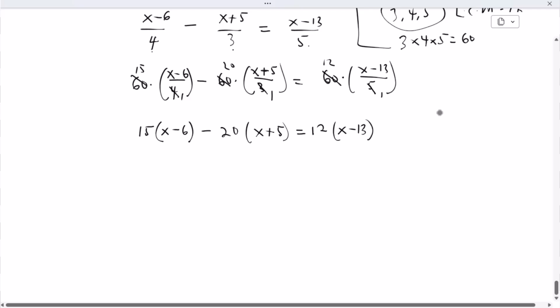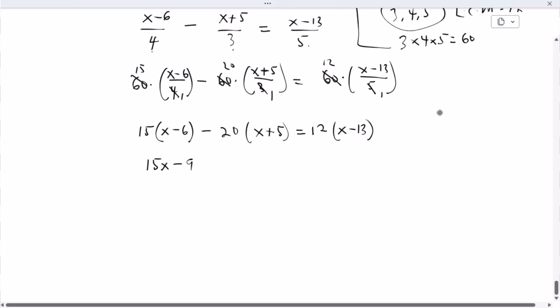Now I'm going to have to expand the brackets. And when I do that, I'm going to have 15 multiplying x minus 15 multiplying 6.